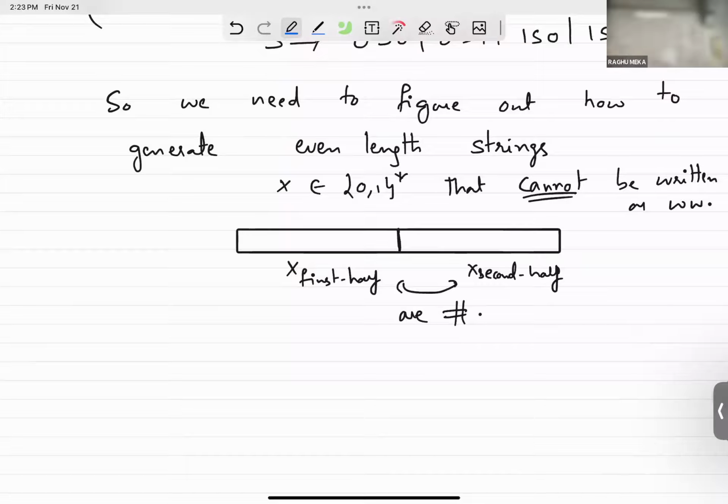So for example, there should be some position where maybe this is a 1, this is a 0, or this is a 0, this is a 1. Okay, we should have something like this. So my suggestion is to focus on this.